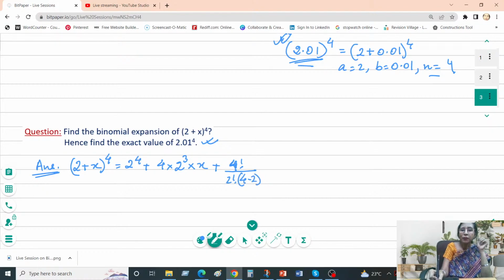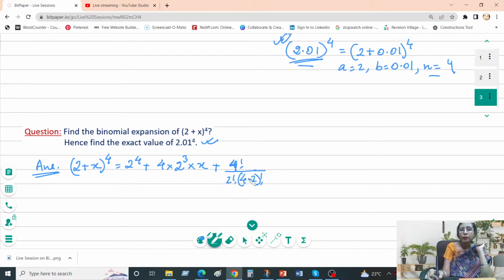In my first video, I had shown you how to get the value of nCr using the TI Inspire calculator. And in my last video, the second session, I have shown you how to get these values manually. So if you do not know how to get the values manually, please watch my second session, that is the last session.